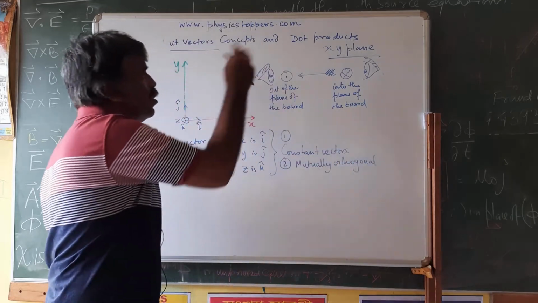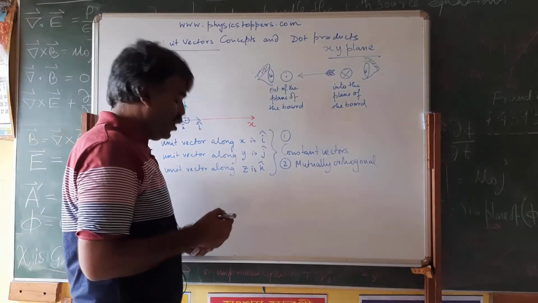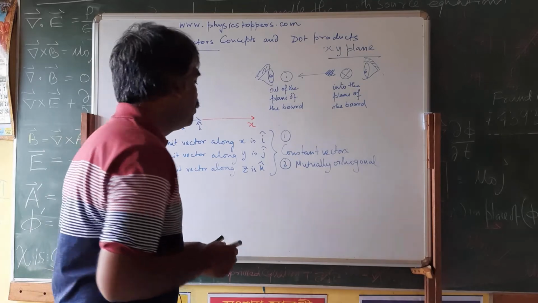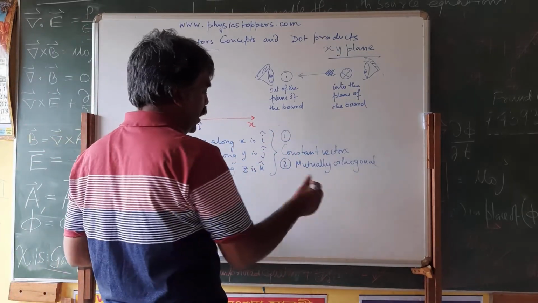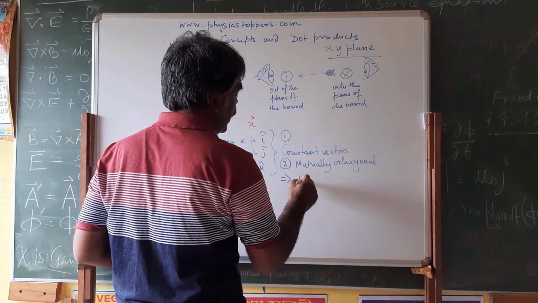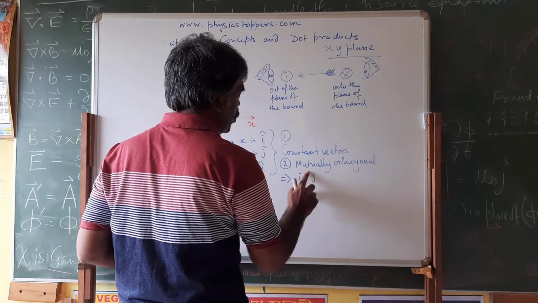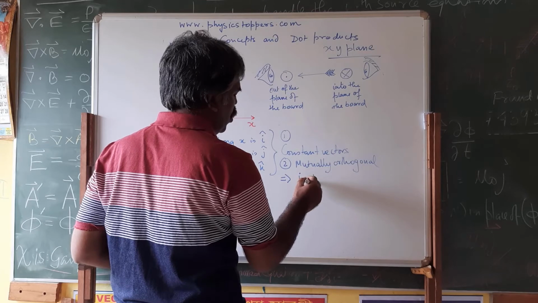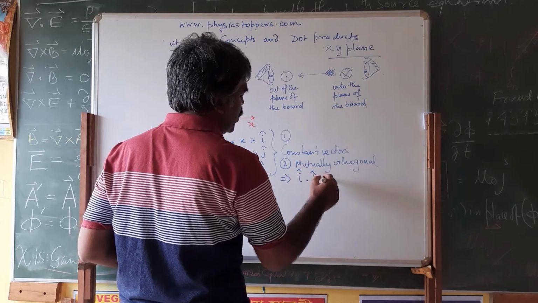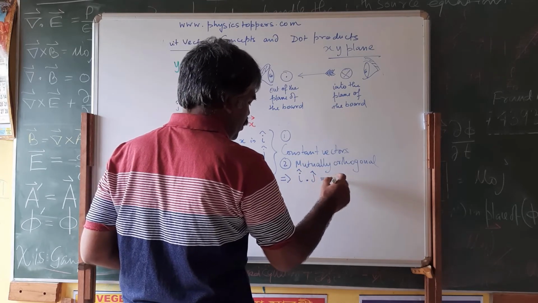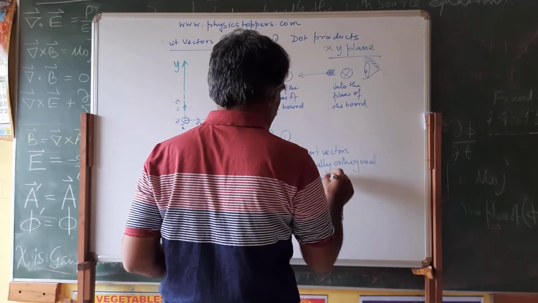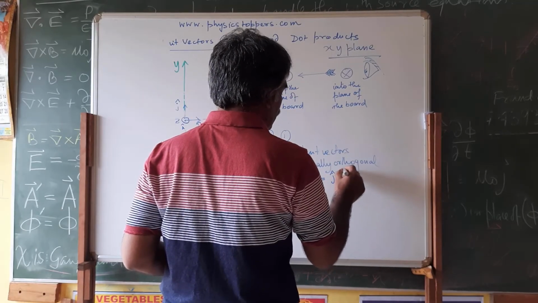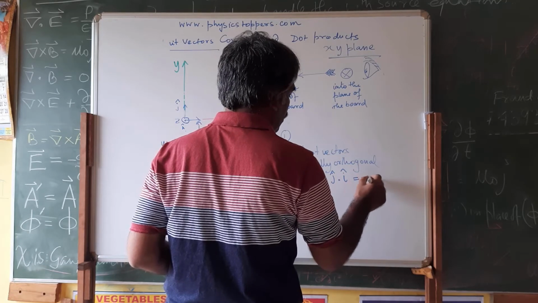I'll make a next video on dot products, but I have to mention a few things on dot products, so let me mention that. So they are constant vectors, and they are mutually orthogonal. That implies i cap dot j cap, and definitely they commute, dot product is a commutative operation, so this is equal to 0.